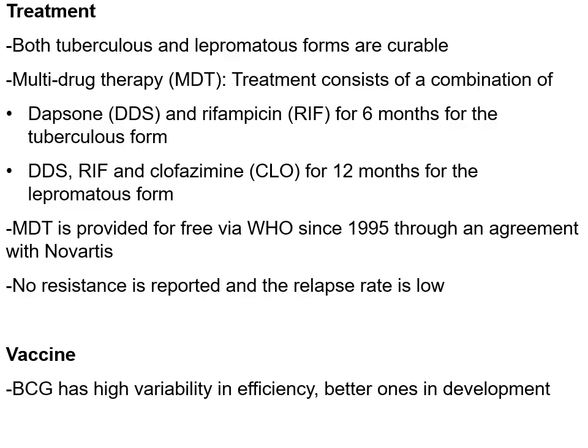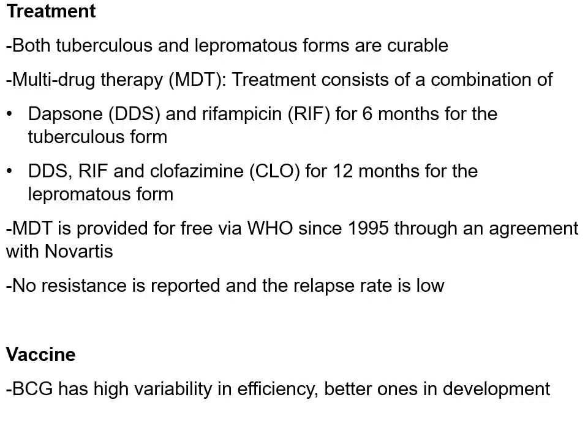As for treatment, both extremes of the disease are curable, and what you would use is multi-drug therapy. Multiple drugs are given, a combination of things is given. For the tuberculoid form, use dapsone and rifampicin, which is also referred to as rifampin, and that is used for 6 months.